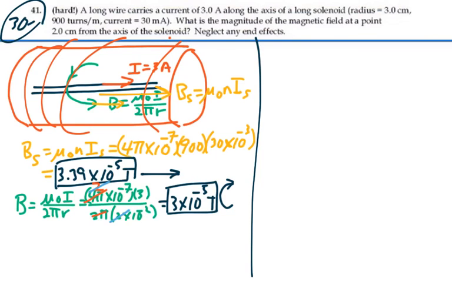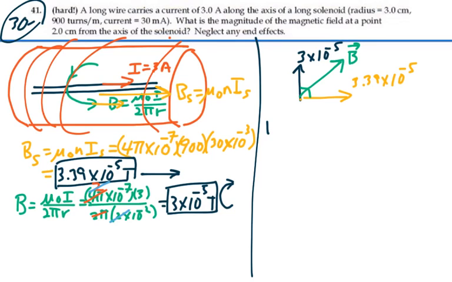So we're going to end up with two magnetic fields. One of them is 3 times 10 to the minus 5, and the other is 3.39 times 10 to the minus 5, and they are perpendicular to one another. We want to find the magnitude of the net magnetic field.